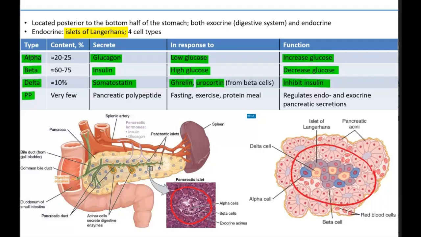PP cells produce pancreatic polypeptide, which has regulatory power over the entire pancreatic secretion. Two hormones that I'm going to ask you about are these: glucagon and insulin.